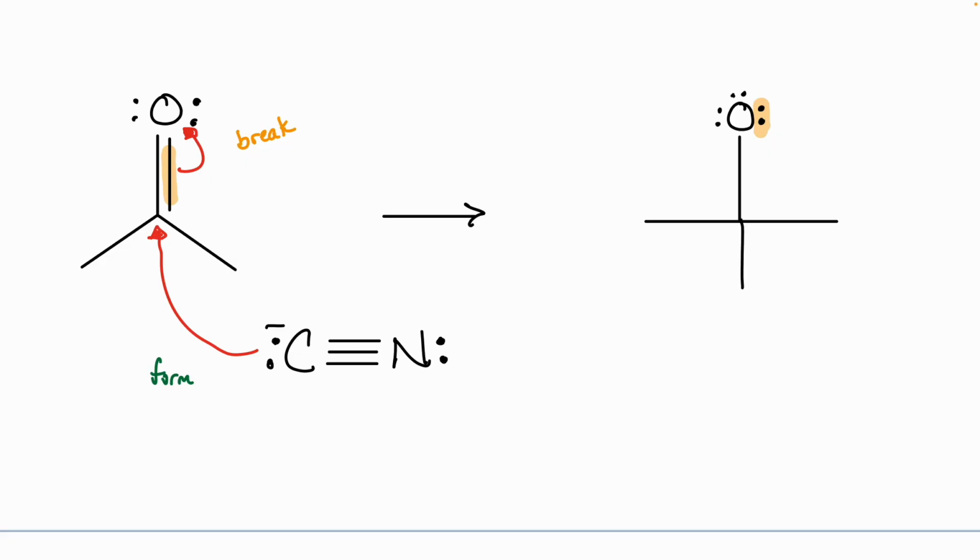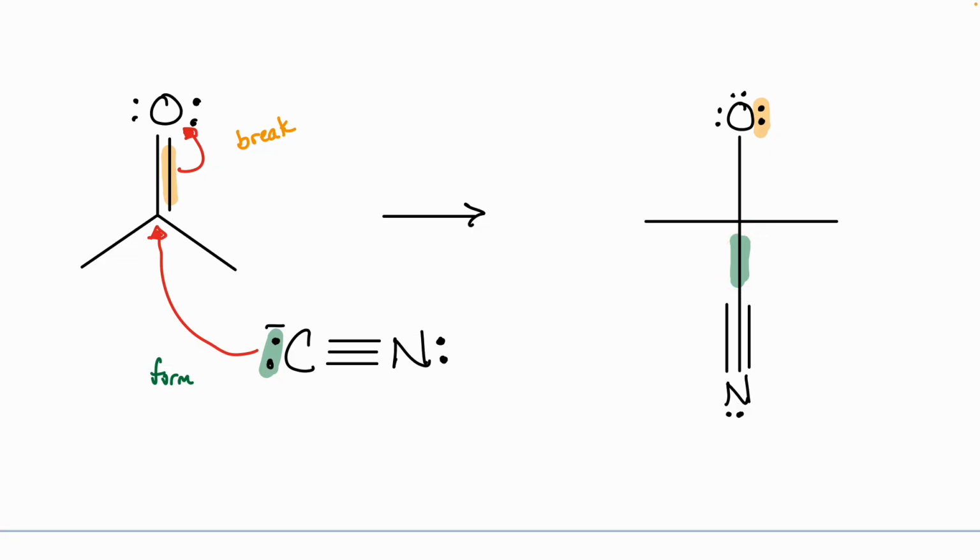All right. Likewise, I have a new carbon-carbon bond. This lone pair on my carbon is now this bonding pair, and I have my triple bonded nitrogen as well from that cyanide ion. Okay. All right, my new carbon-carbon bond here.